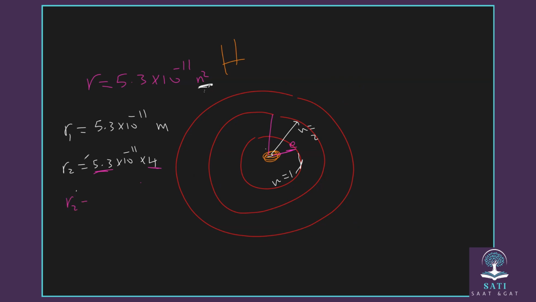So r2 is 21.2 times 10 to the power of negative 11. In scientific notation, we move the decimal one step, so it is 2.12 times 10 to the power of negative 10, and the unit is meter. So we use this formula to find the radius of any energy level of the hydrogen atom.